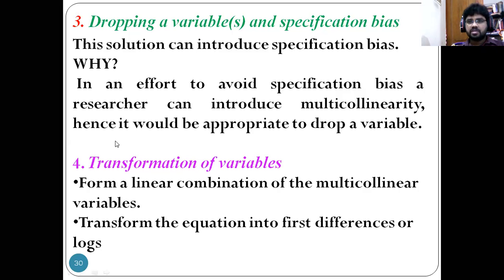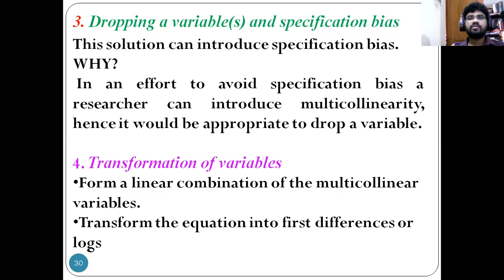And the fourth one is the transformation of the variables. What is it? From the linear combination of the multicollinear variables, we can transform the equation to first differences or logs. Generally, first we will take absolute values.